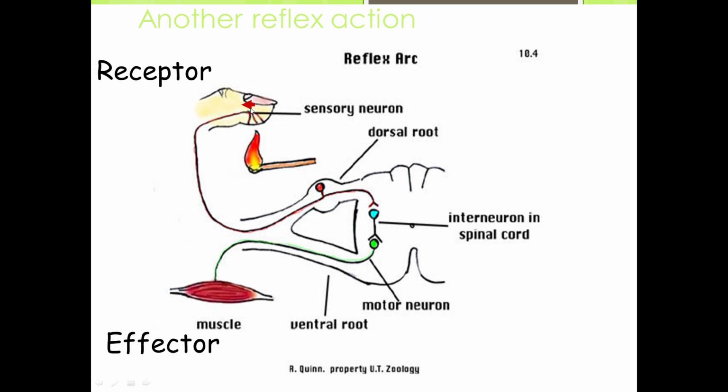It is carried to the spinal cord by the sensory neuron to the dorsal root here. Then it is transmitted to the interneuron. The interneuron transmits the signal to the motor neuron. The motor neuron carries the impulse to the effector, a muscle or a gland. This nerve path is called the reflex arc.